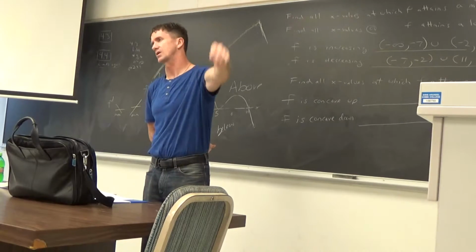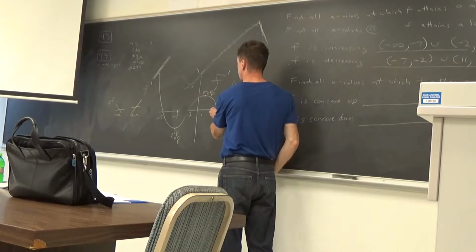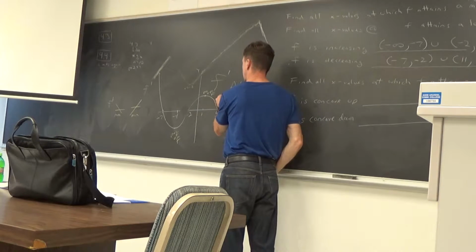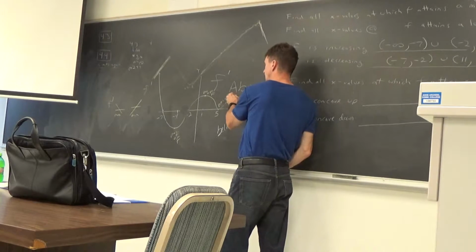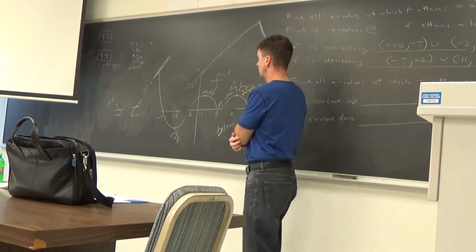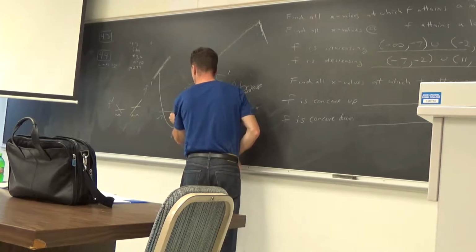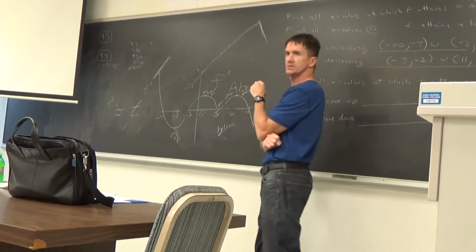That's even more abstract. We're not going there. Point of inflection of f. Here's another one. Point of inflection of f. Here's another one. 1, 2, 3, 4. There were 4 points of inflection.